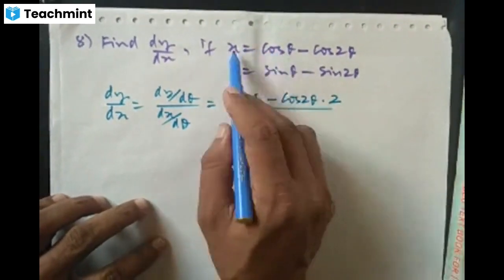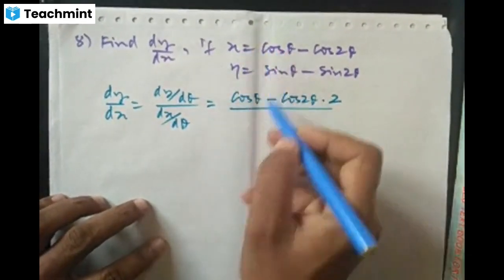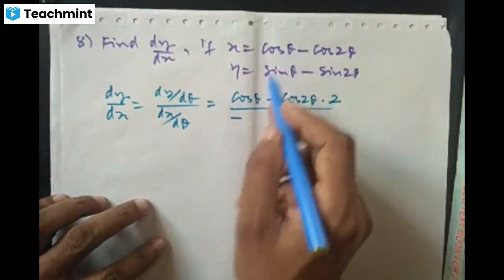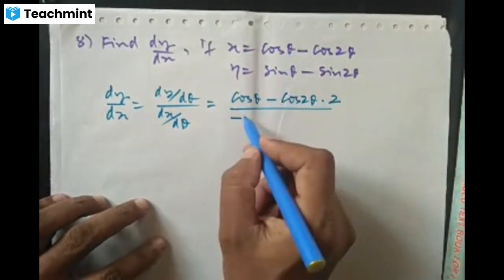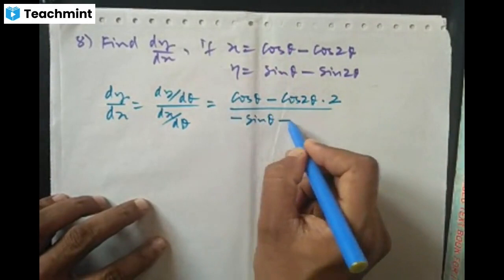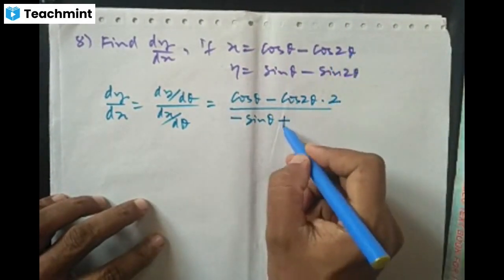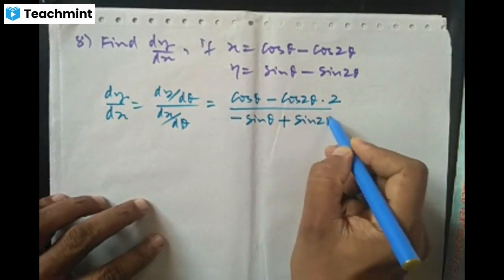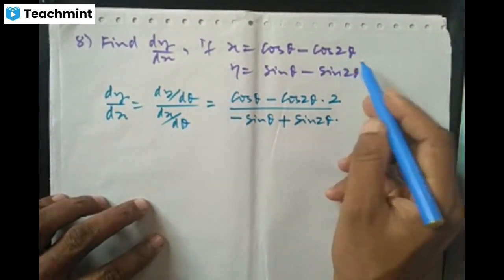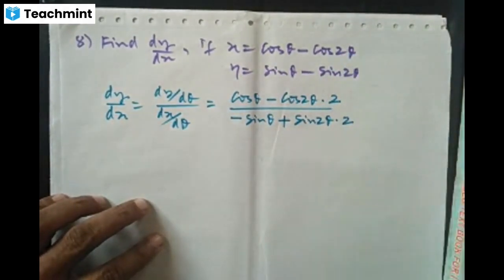Differentiate both sides of this equation with respect to theta. Then we get minus derivative of cos theta is minus sin theta, minus derivative of cos 2 theta with respect to theta, minus of minus plus sin 2 theta into derivative of 2 theta is 2.